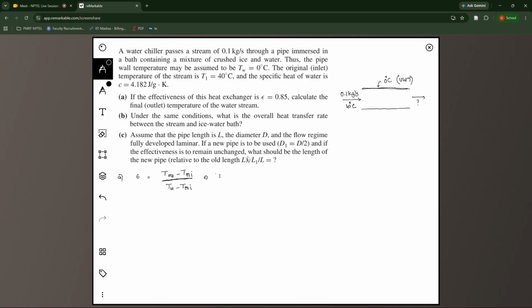So from this I can calculate my outlet temperature, which is a straightforward one. In our case, the inlet temperature is 40 Celsius, effectiveness is 0.85, wall temperature is 0, minus 40. You can check if you are getting the same value.